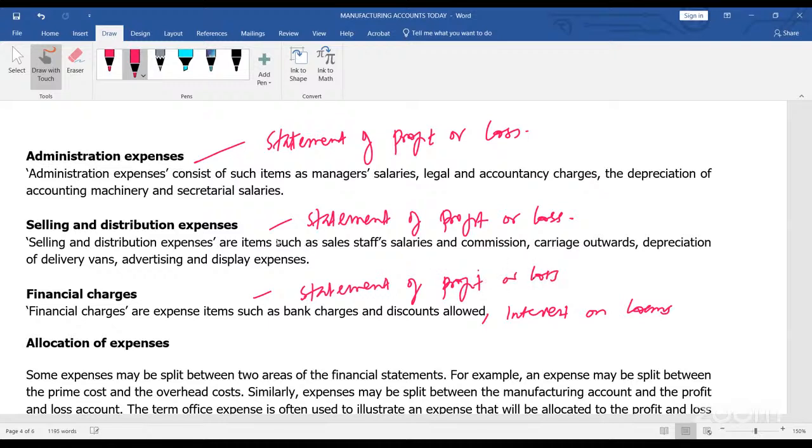By the way, these are non-manufacturing costs or overhead. They are non-manufacturing costs. In the manufacturing account, you only take the manufacturing costs. Any cost that is incurred but is non-manufacturing, then that one is taken to the statement of profit or loss.